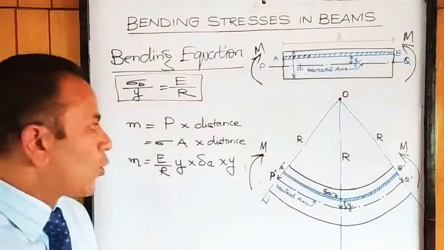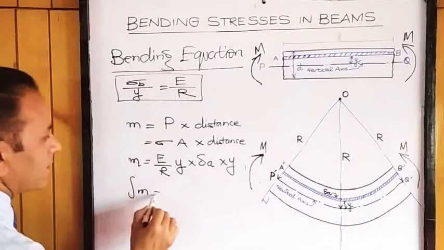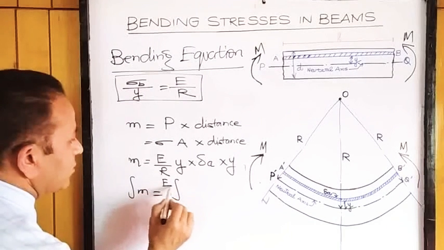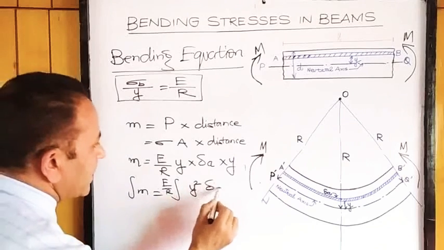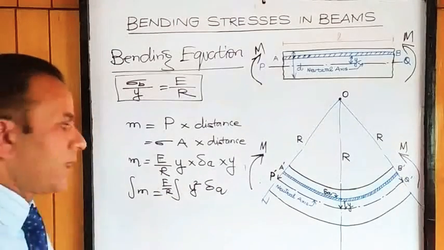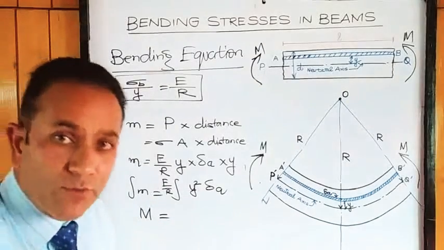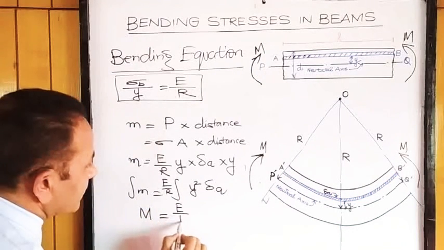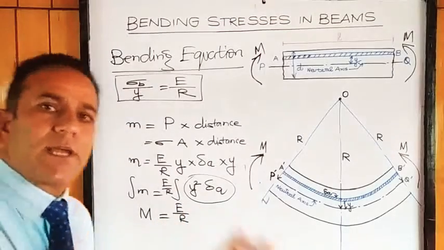If I calculate moment for the entire section, I integrate this. Here also, this E by R is a constant. So I will have Y square into delta A. Okay. Integrating this, we will have moment M, bending moment or moment of resistance for the section. E by R is a constant. Y square delta A. This is area into distance, again into distance.